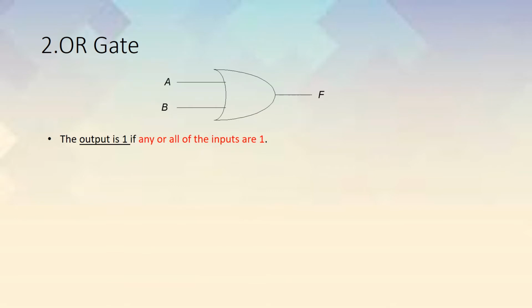Go to the OR gate, and the symbol is like this. The main point of this OR gate is the output is 1 if any or all of the inputs are 1. So the Boolean equation is F equals A plus B. We understand more by the truth table.